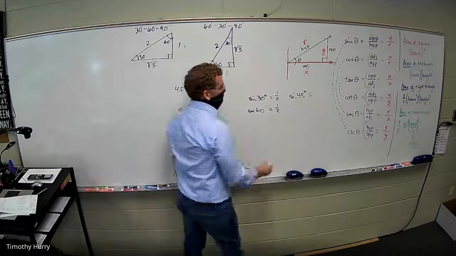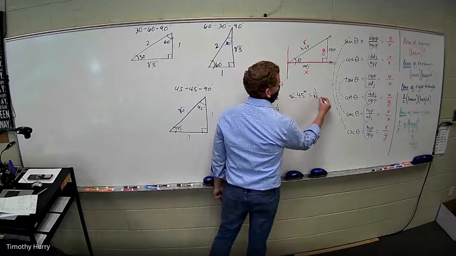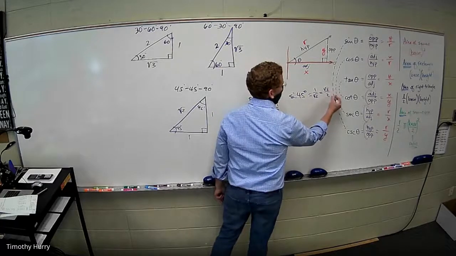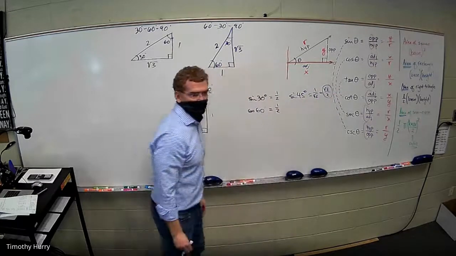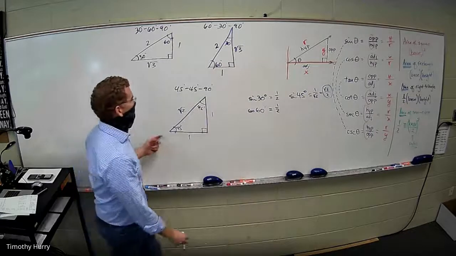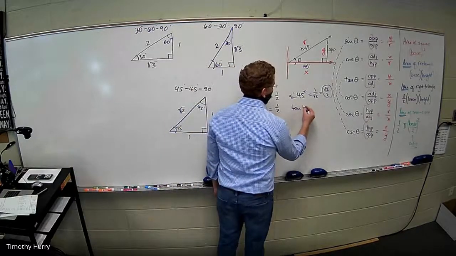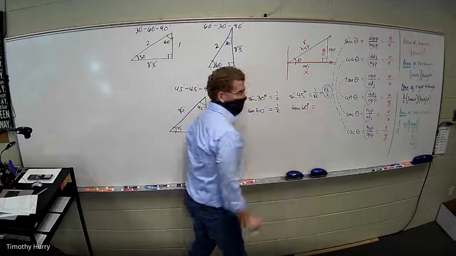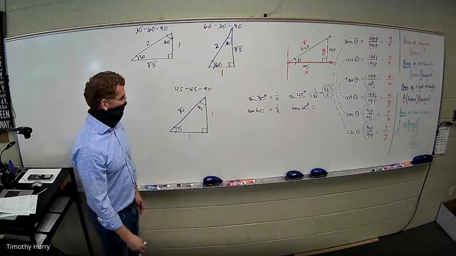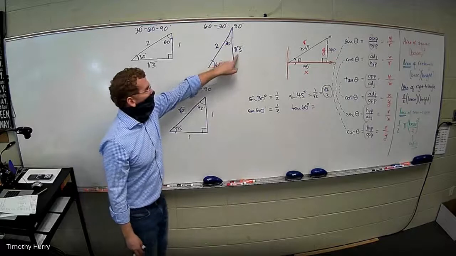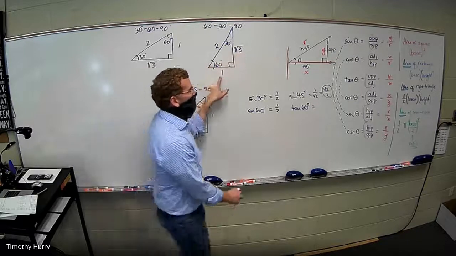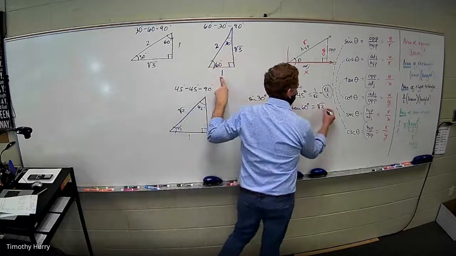And then because it's algebra 2, we always have to rationalize the denominator, right? What if I say, hey, give me the tangent of 60? Root 3 over the 1, which is just root 3.